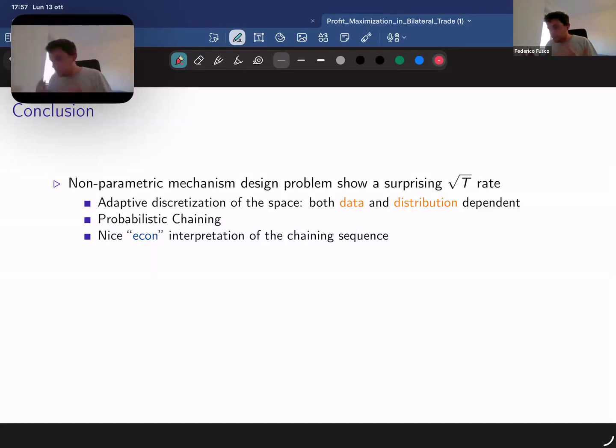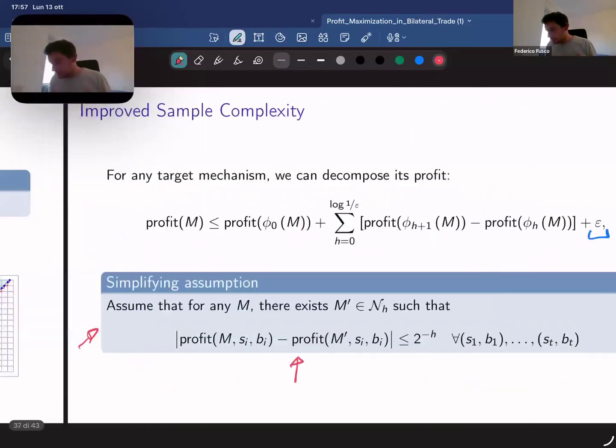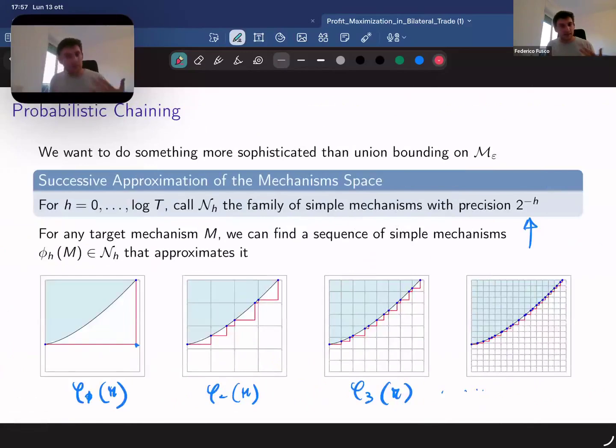And also, if you look at it from the AGT perspective, I think it's super nice that this notion of approximating sequence fits very well in all this line of work in simple versus optimal mechanisms. Because if you think about it, what you're saying is, for any precision, I can find a mechanism that gets this precision.